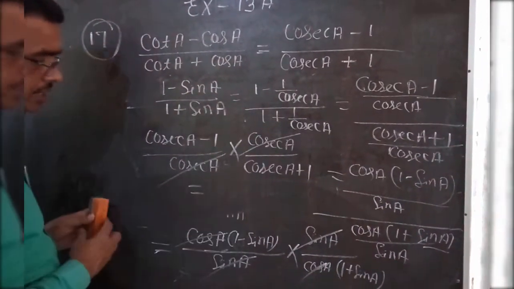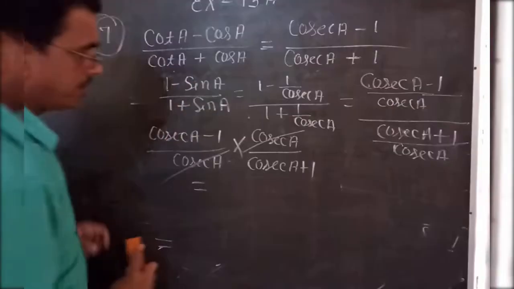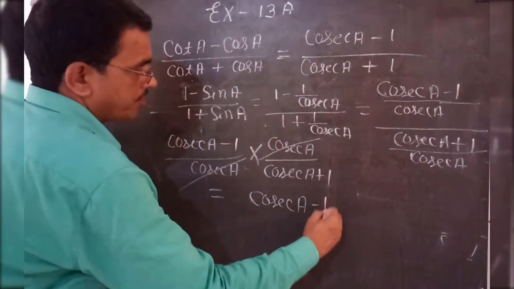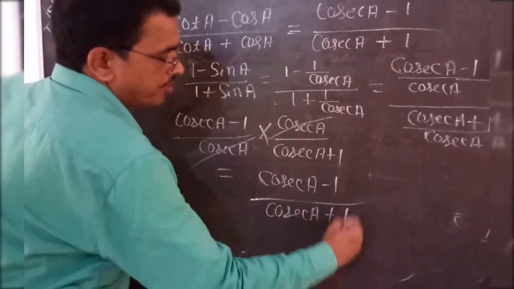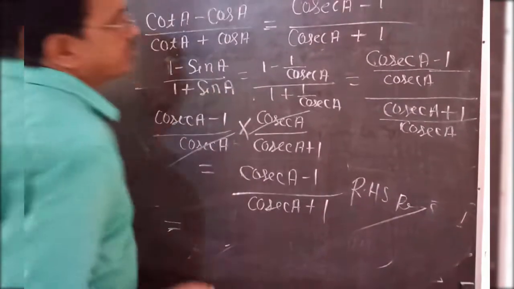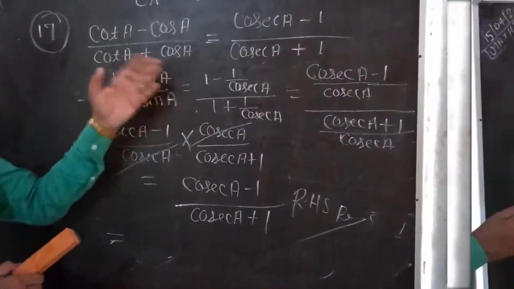So write RHS is cosec A minus 1 by cosec A plus 1, that is RHS, and it is true. So you can change only into sin and cos and take common, then you get your solution.